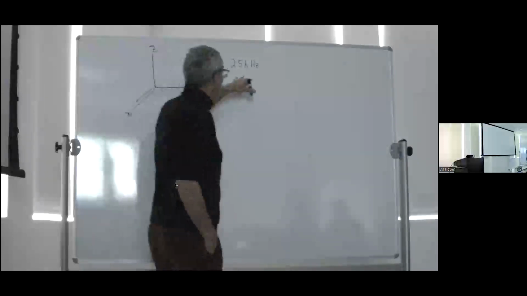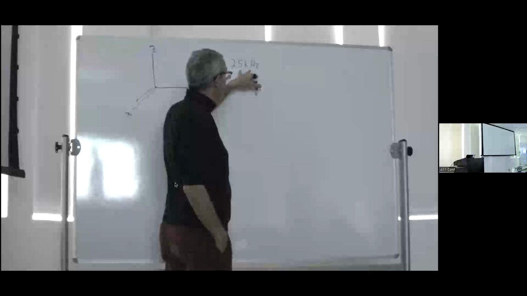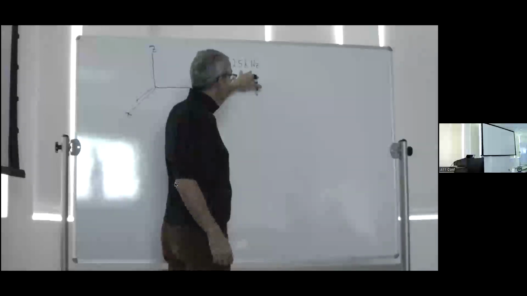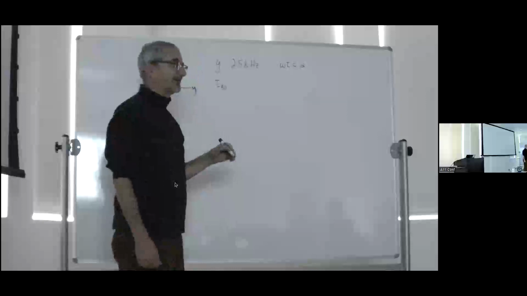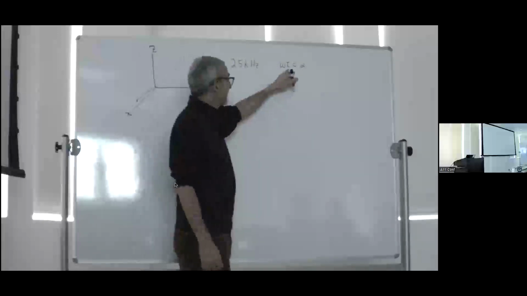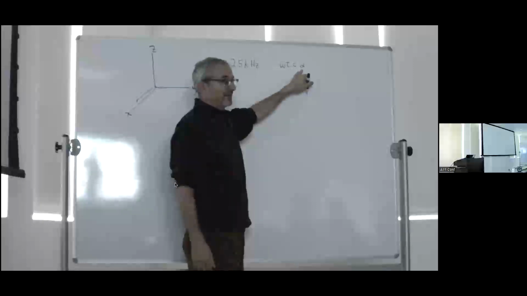So one way of thinking about this then is if something is rotating at 25 kilohertz, it's always the time times the frequency is equal to an angle. So we have a frequency. The question is, how long is the pulse to get a rotation angle of alpha?